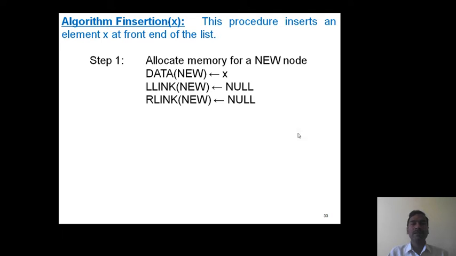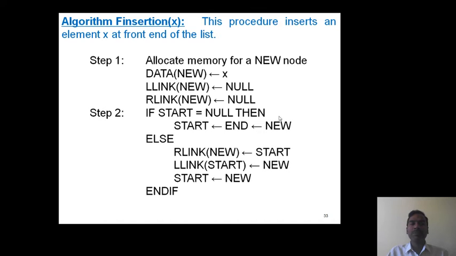For this, step 1, allocate memory for a new node. With this allocation, three parts are available. Now data of new is filled with X, and the left and right links of new are filled with null pointers.